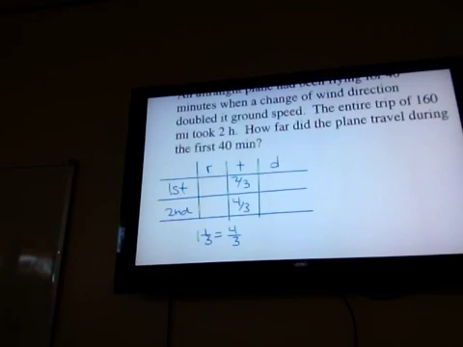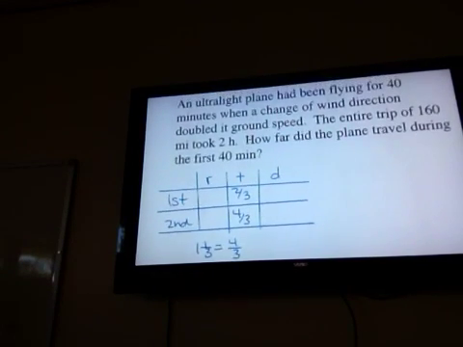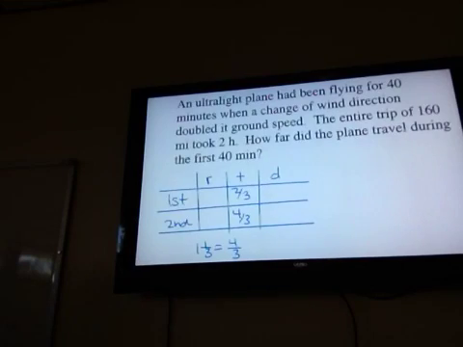Okay, so when the wind changed, the speed was doubled. So we started then at x. Are we doing miles per hour? It doesn't say, does it? We'll just assume. So if I doubled it, that means to multiply by 2.